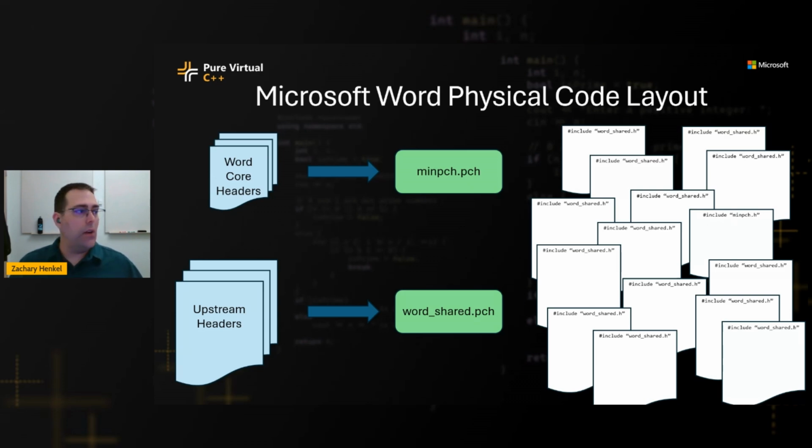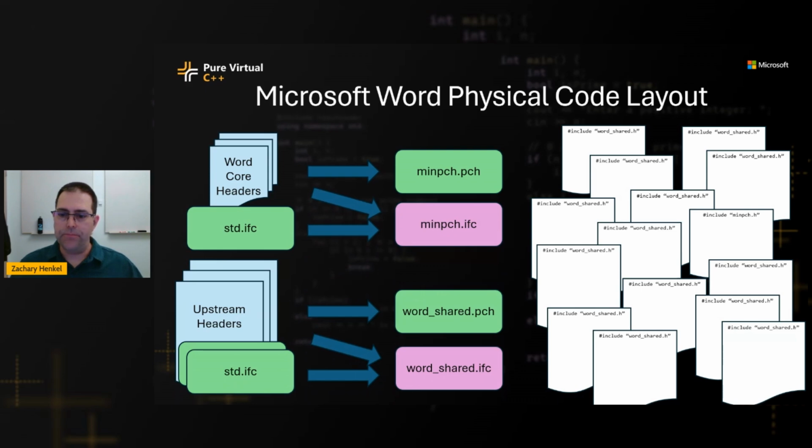So how does this diagram change after we adopt header units? We create a header unit for the standard library, and as I mentioned before, some low-level libraries that are already header units. Combine them with the existing contents of MinPCH or Word shared, and then create one single header unit out of each. There are no changes. We just took what was in there and converted it to become a header unit.